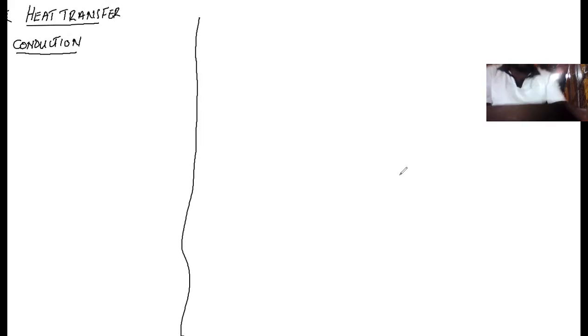If I have this device and I want to transfer heat from this end to this end, and this device is not in motion, here it's moving. If it moves to gain heat, then it is not conduction. But if the heat moves from this edge comfortably to this other edge, without this board moving, then we say the board is under what we call conduction.